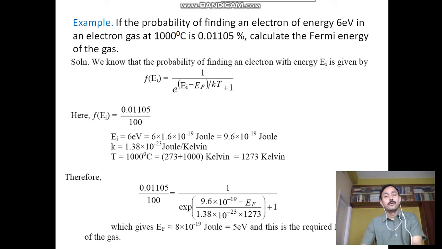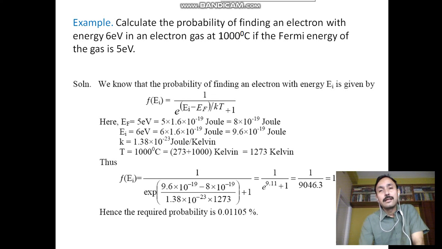If we calculate, it gives EF equal to 8 × 10^-19 joule. Dividing by 1.6 × 10^-19, this becomes 5 electron volt. So this is the required Fermi energy of the gas.